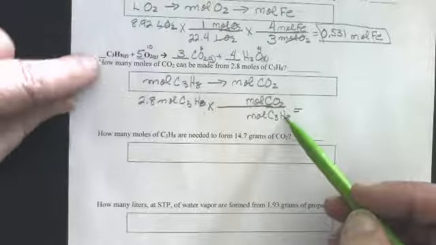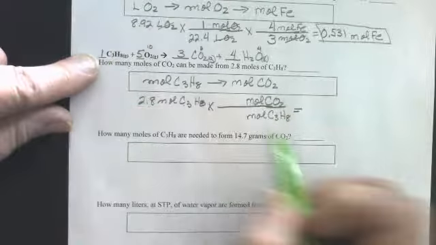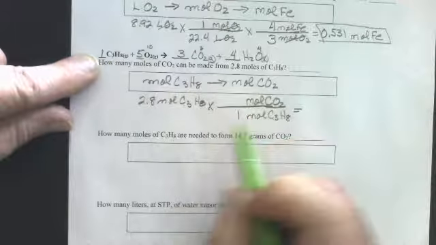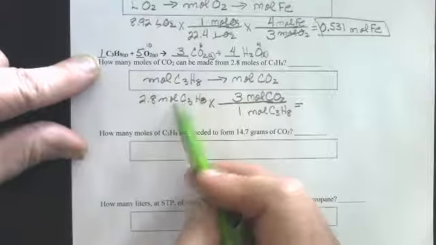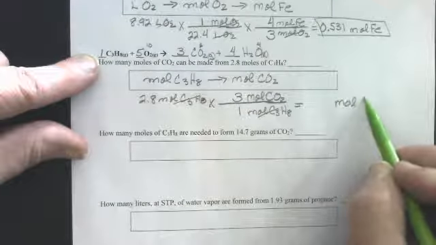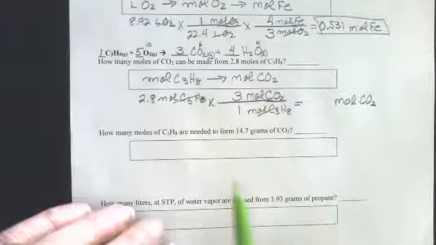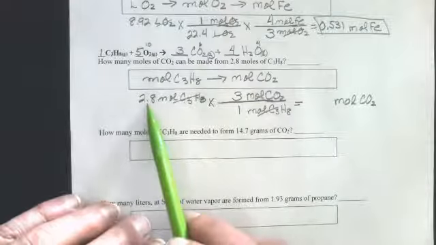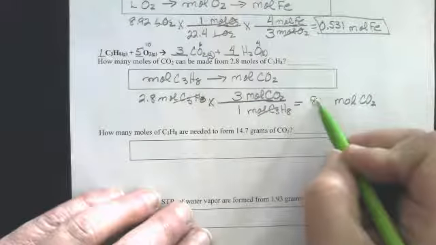Moles of carbon dioxide, 3. My moles of propane cancel. Moles of carbon dioxide is what I have left. So now I just put the numbers into the calculator. 2.8 times 3 divided by 1, 8.4 moles of carbon dioxide. Two significant digits. There I go.